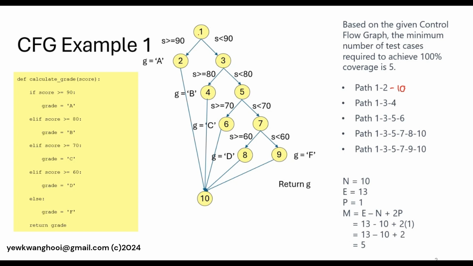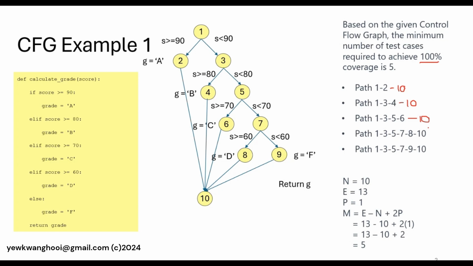Then 1, 3, 4, 10. Next is 1, 3, 5, 6, 10. Next is 1, 3, 5, 7, 8, 10. And lastly, 1, 3, 5, 7, 9, 10. So these are the paths to achieve 100% coverage.